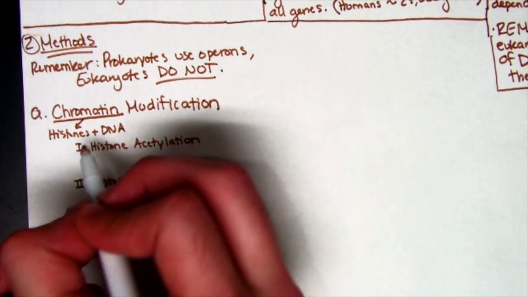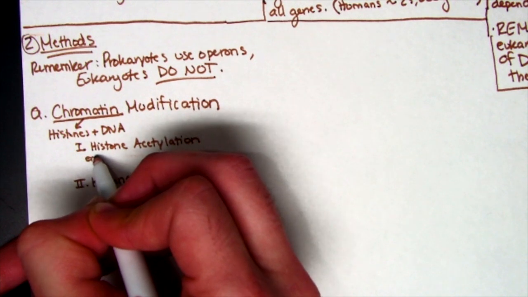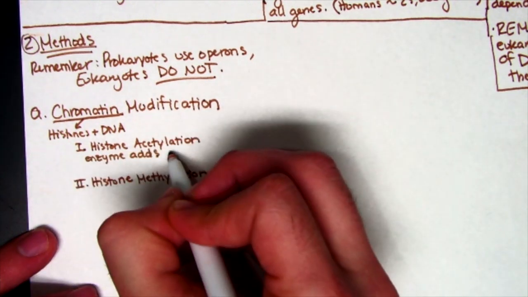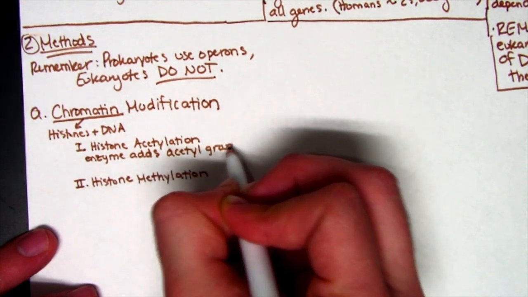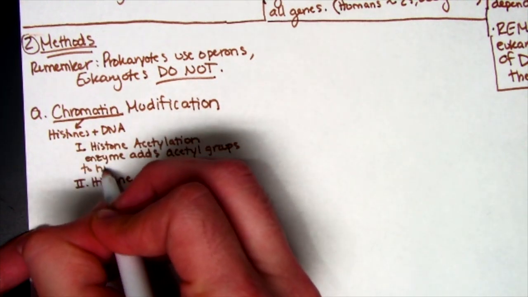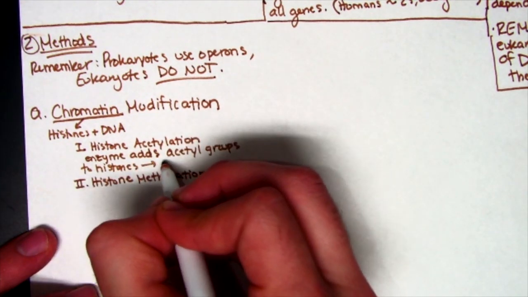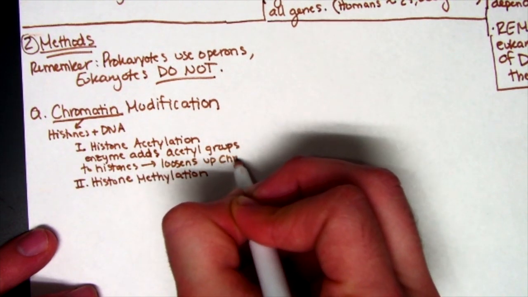So when a histone is acetylated, an enzyme adds acetyl groups to histones, which ultimately loosens up the chromatin.